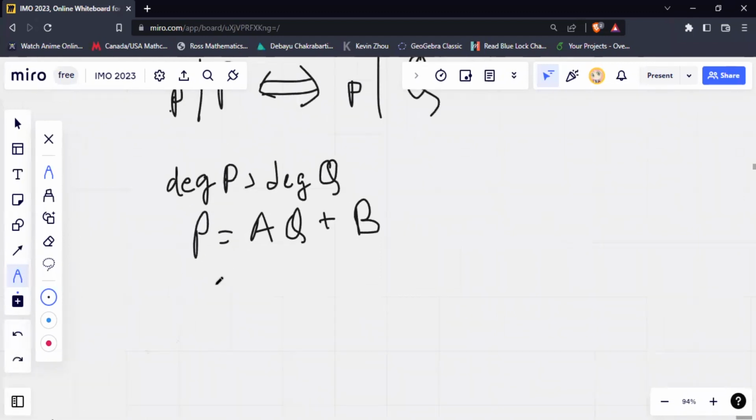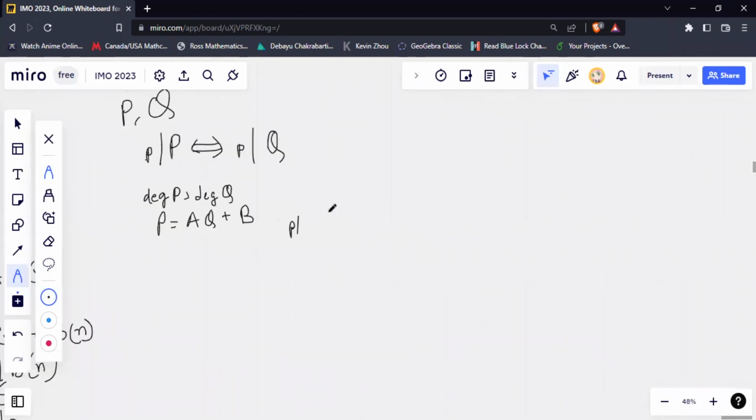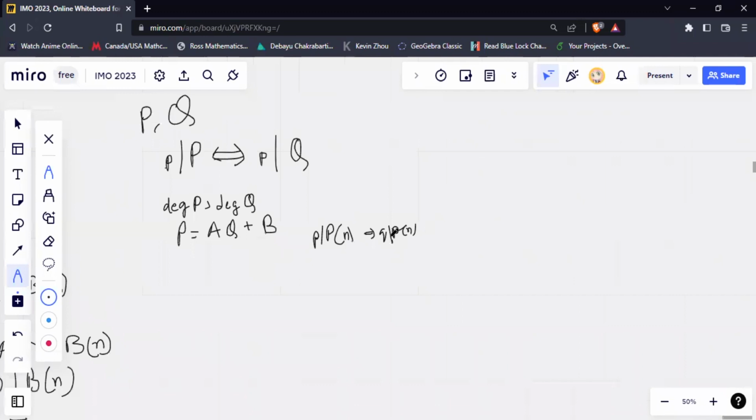Wait, not right. Why? Because p divides P of n doesn't imply q divides P of n. Oh, it like a divides it at some point. Okay, we don't have this here. Think about it.